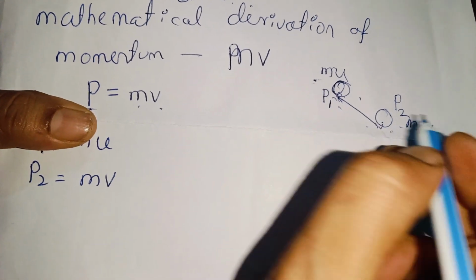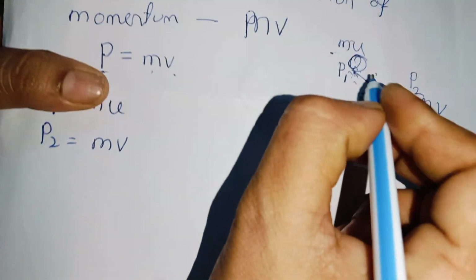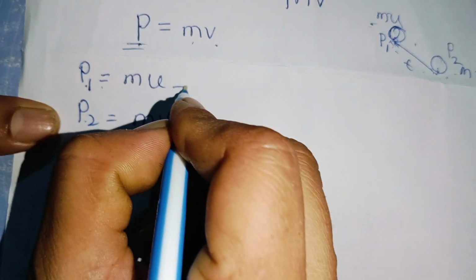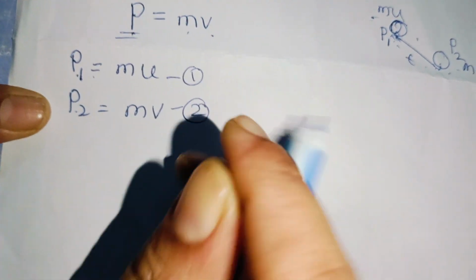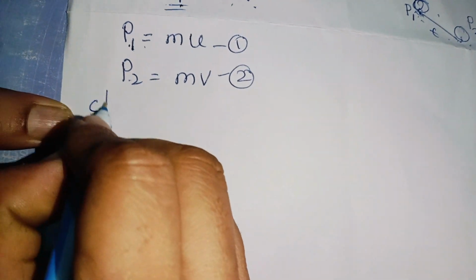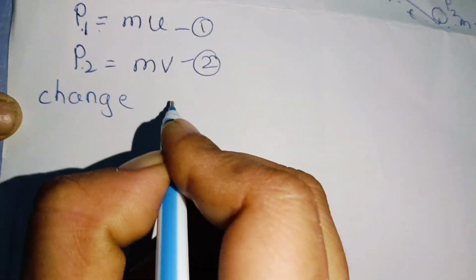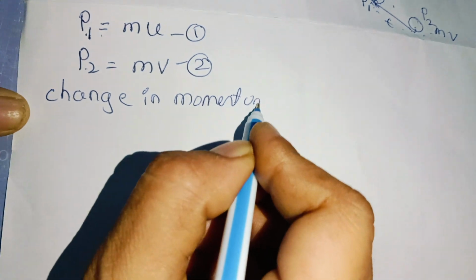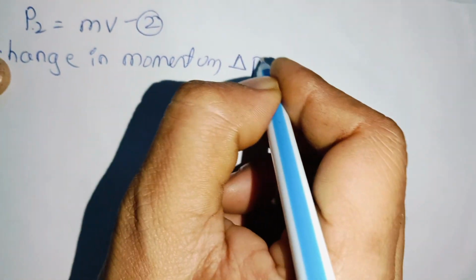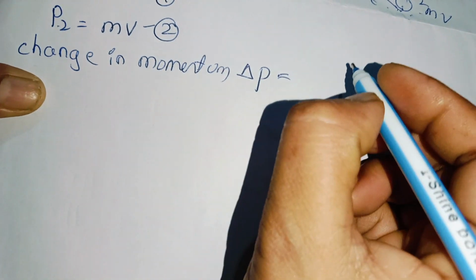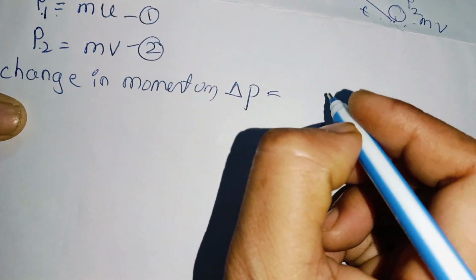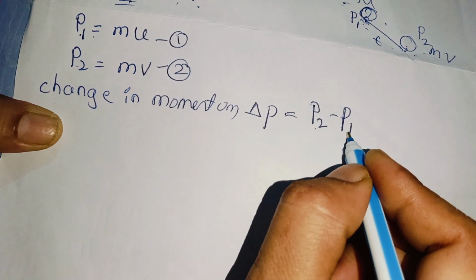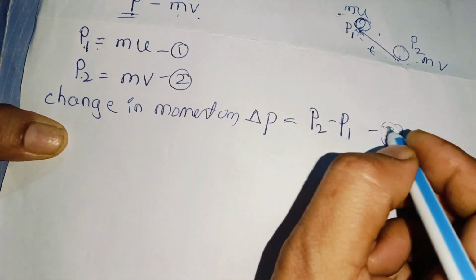Change in momentum, time taken is t, from this point to this point. So P1 is equation number 1, and P2 is equation number 2. Change in momentum is represented by delta P, which is equal to subtracting initial momentum from final momentum, P2 minus P1, called equation number 3.